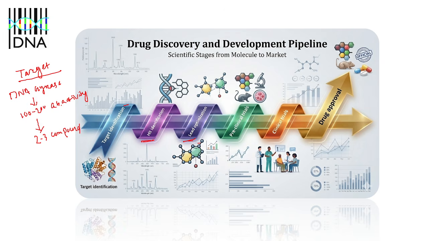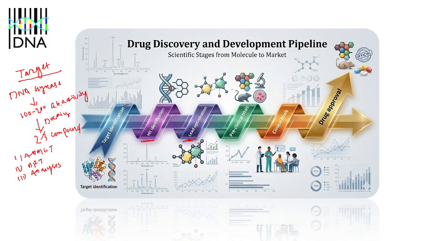After that, we perform various studies, like ADMET, and the second thing, DFT. We perform interaction analysis, because we have 100 to 200 hit molecules and we perform docking on them. After docking, we go for various analyses. Then finally, we get our lead molecule.